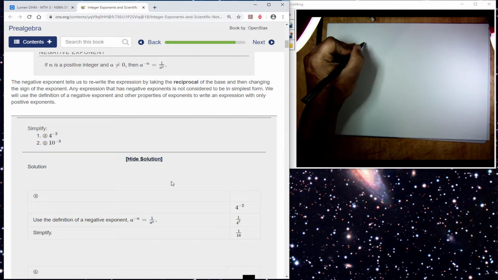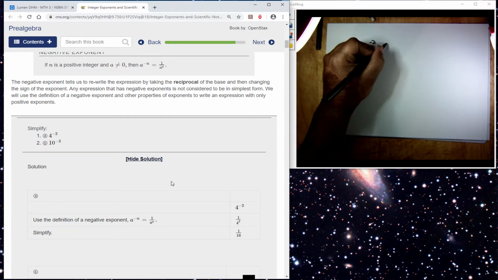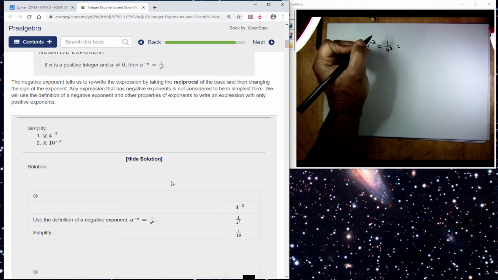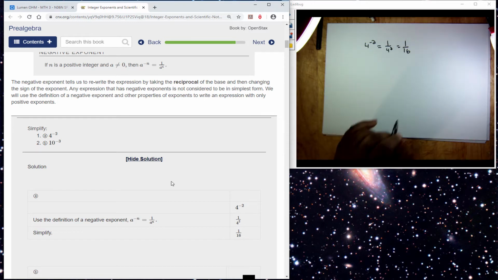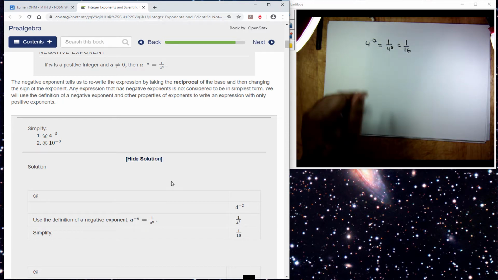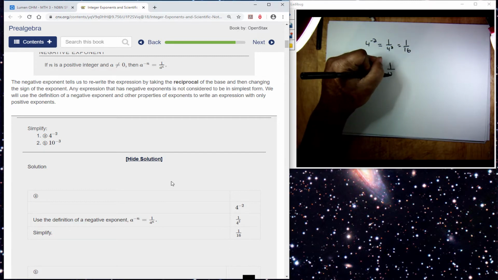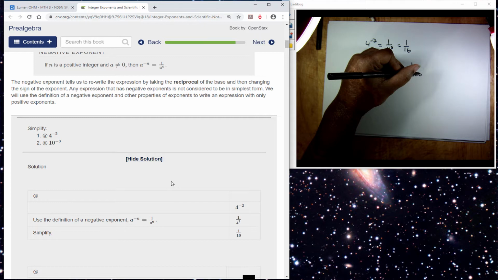So if I had 4 to the minus 2, it's easier to rewrite it with a positive exponent and then simplify it. Or if I had 10 to the minus 3, that's the same thing as 1 over 10 to the third, which will be 1 over 1,000.